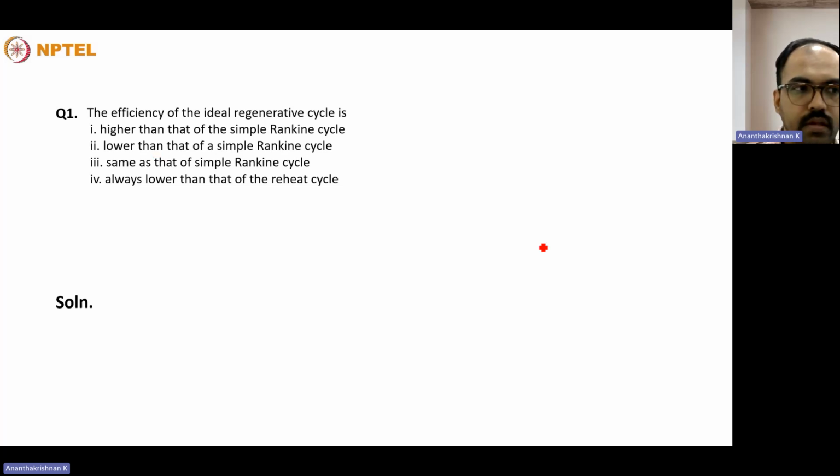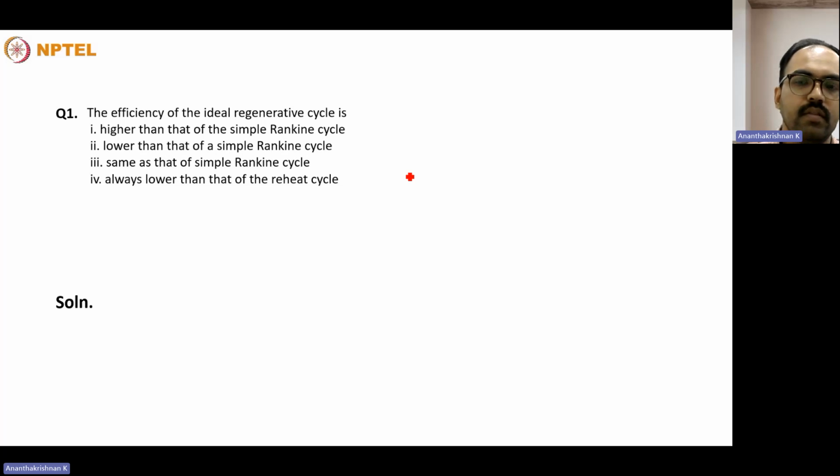Before going into the question, we should know what the ideal regenerative cycle is. It is basically the same Rankine cycle, but with a slight modification, where part of the expanding steam at high temperature is used to preheat the water in the boiler.